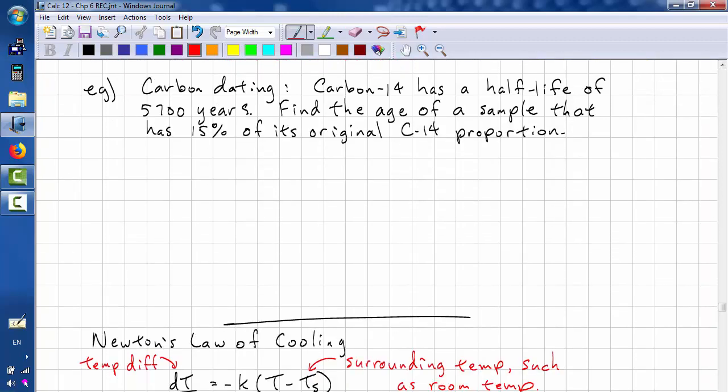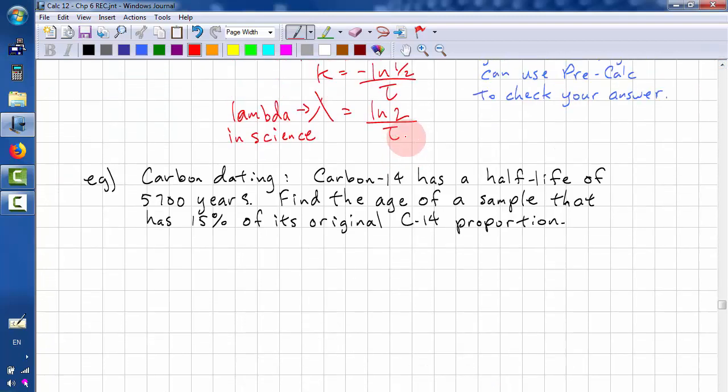So let's look at a problem of how we solve this. And sorry, normally we say tau half, so that's half-life.